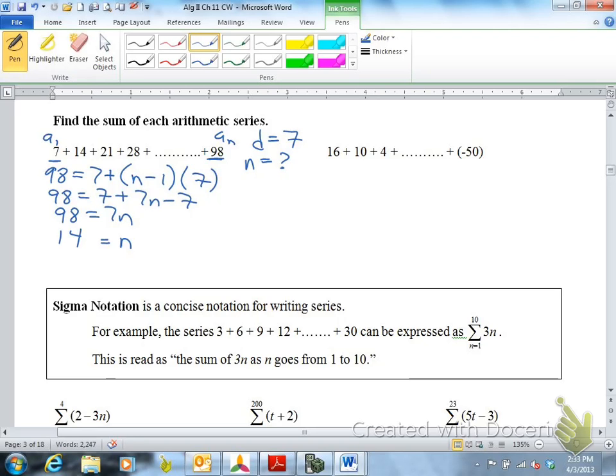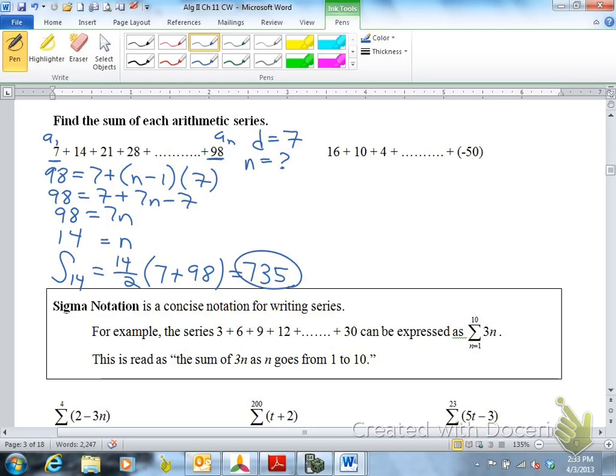So there are 14 terms. And to find the sum of 14 terms, now you can use the short form for arithmetic series. So you'd have 14 over 2, and 7 plus 98, which is 105. 105 times 7 is 735.